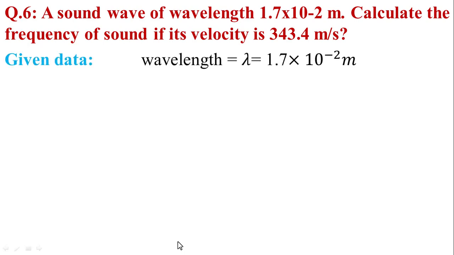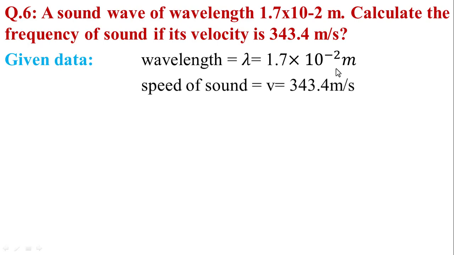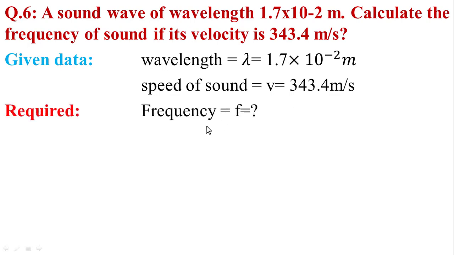Given data: wavelength lambda is equal to 1.7 multiplied by 10 raised to the power minus 2 meter, and speed of sound v is equal to 343.4 meter per second. Now required: frequency f is equal to question mark.